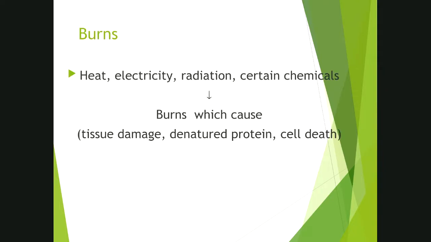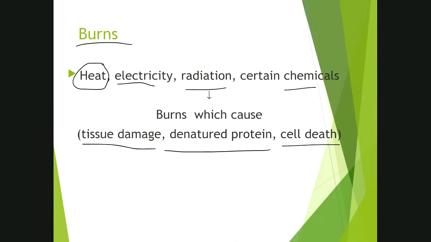Most of us associate burns with heat, but heat is not the only thing that can produce a burn. You can have an electrical burn, a radiation burn, a chemical burn, but whatever it is, the tissue is going to be damaged, the cells are going to die, and proteins denature.